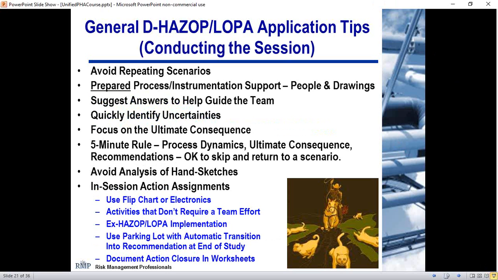This gives people a lot of incentive towards working a little bit on their own time after the session to close things out, so that they're actually done and they don't walk away with an action assignment that requires five signatures to get it closed out. And also, if somebody's been very cooperative and getting their actions done, that can be recognized as part of the HAZOP and LOPA documentation.